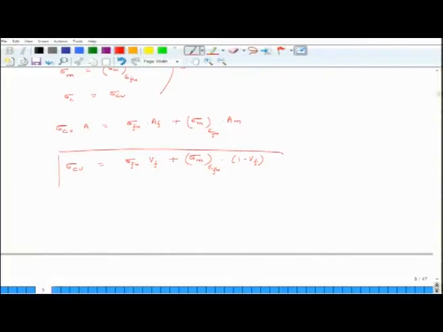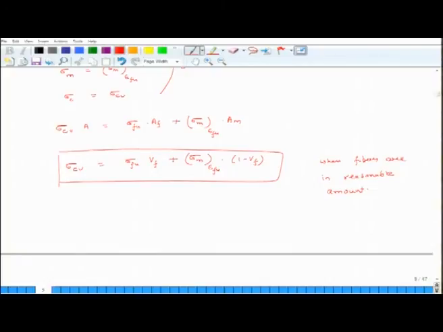So, this is the strength of the composite for case B. And when is this case happening? When fibers are in reasonable amount.